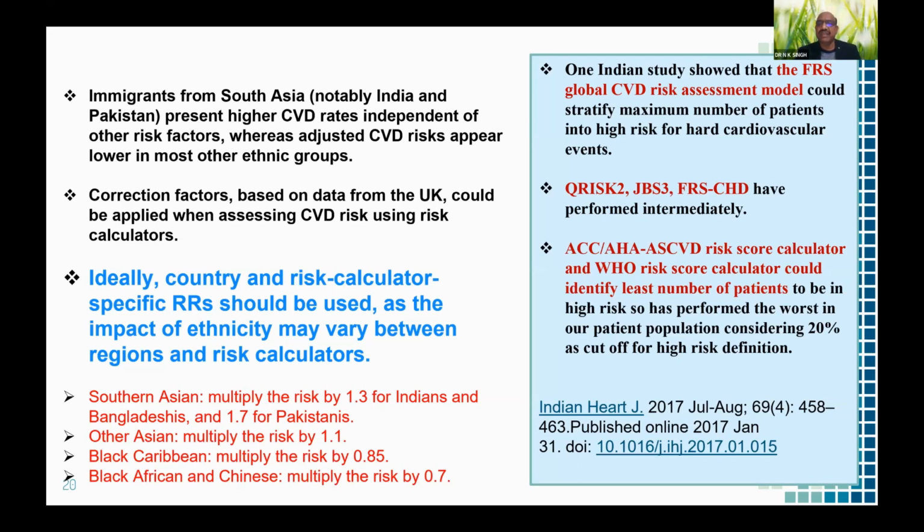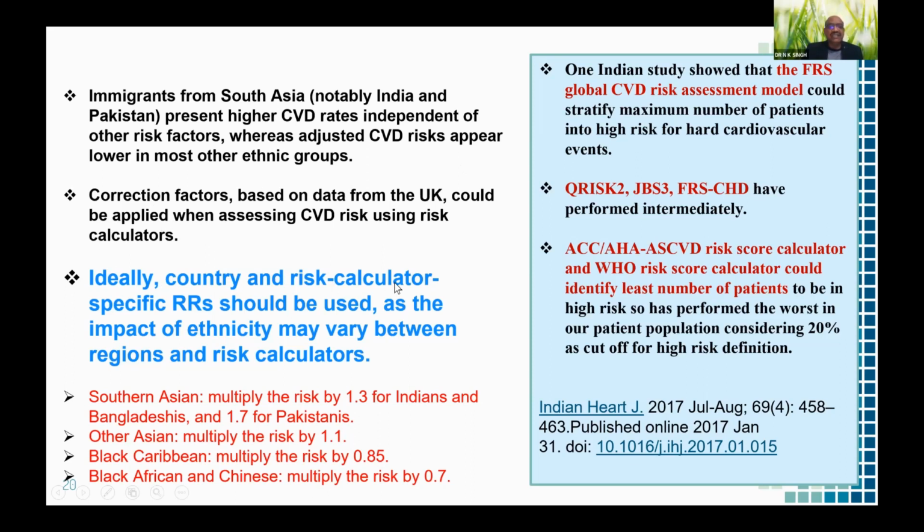Other very important calculators are QRISK2, JBS3 and FRS-CHD. The ACC/AHA atherosclerotic cardiovascular disease risk calculator and the WHO risk score calculator could identify the least number of patients. This is from the study I'm quoting from the Indian Heart Journal. So in our patients, they show that the ACC/AHA risk calculators are not so important.